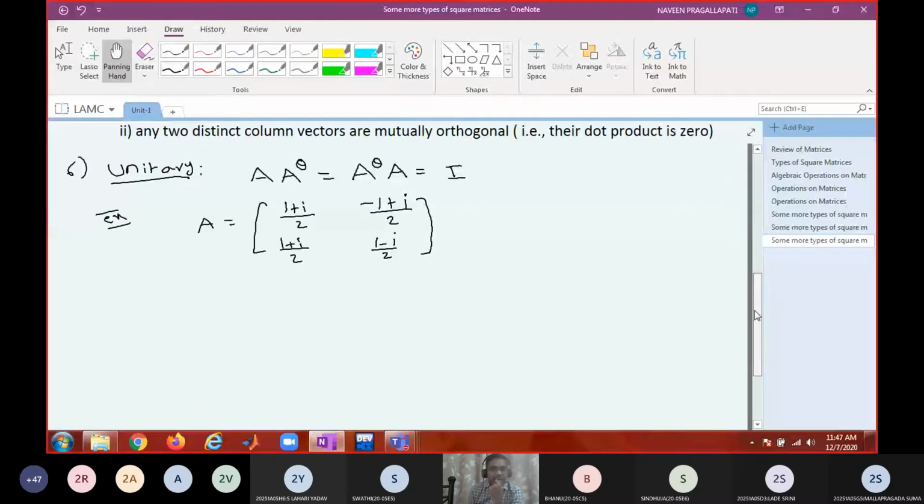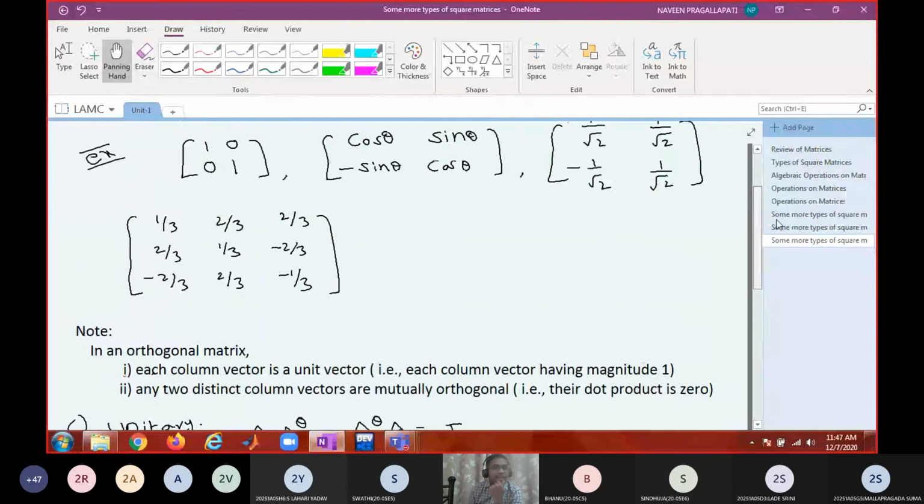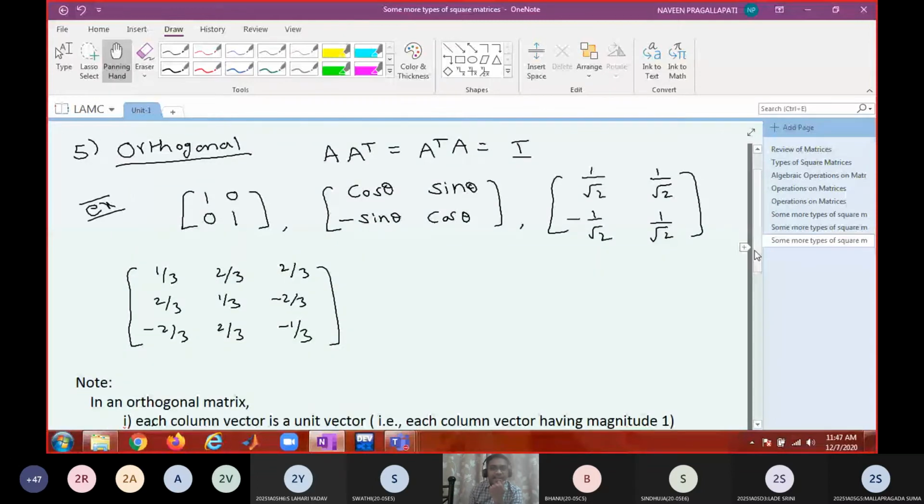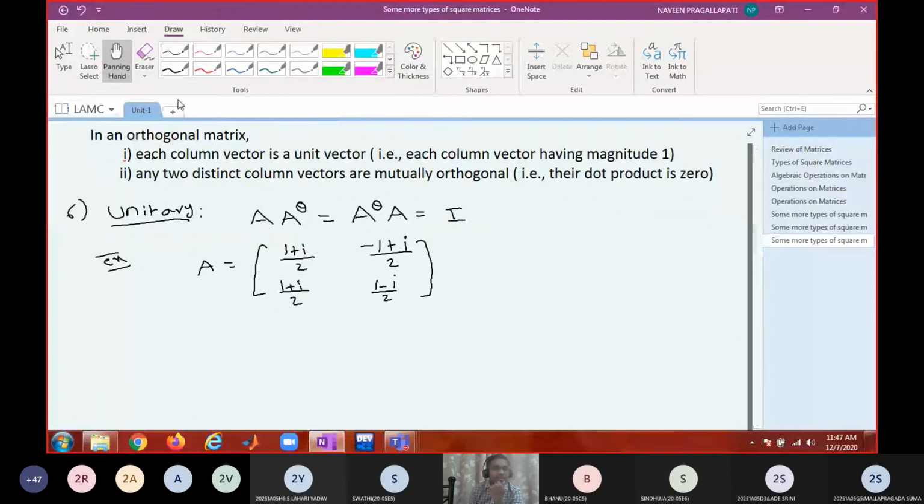And can I say some more points? So far we discussed symmetric, skew symmetric, Hermitian, skew Hermitian, orthogonal and unitary. Let me type.